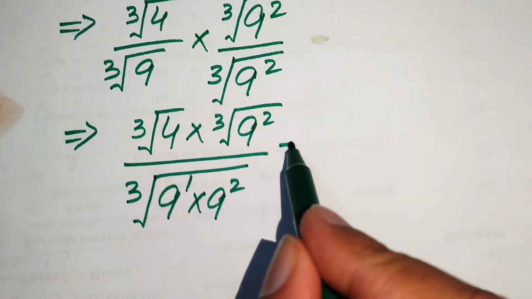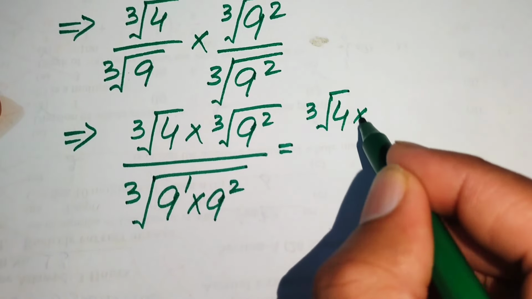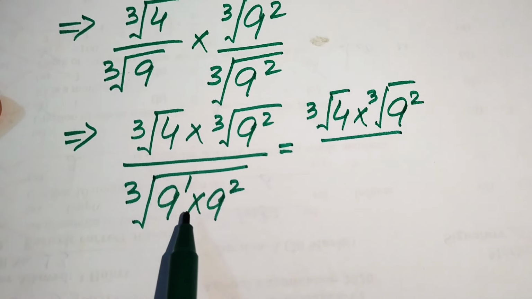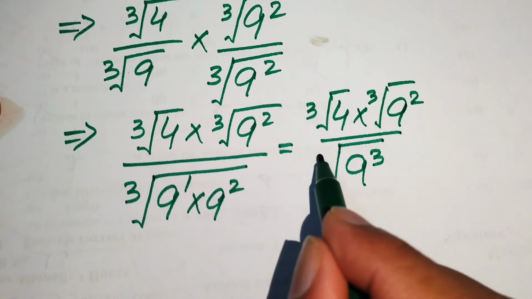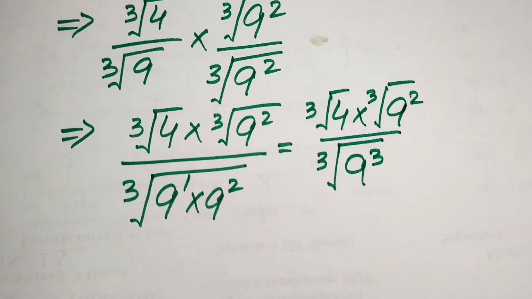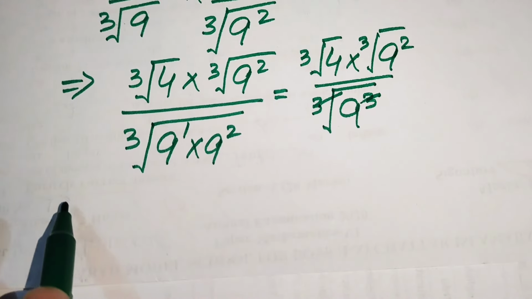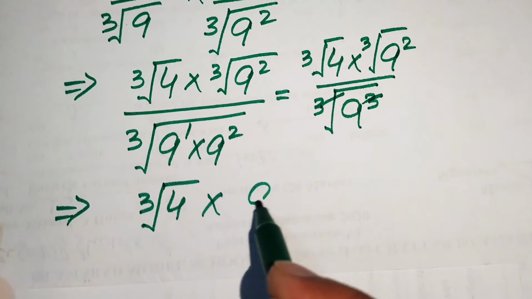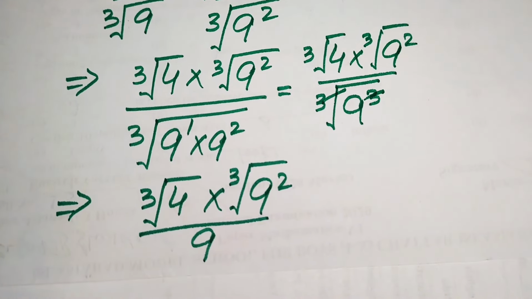Here we need some simplification, and we write this expression as the cube root of 4 multiplied by the cube root of 9 squared, divided by, combining the exponents of these two terms, the cube root of 9 cubed. Here the cube root and the cube cancel each other, so the remaining terms are the cube root of 4 multiplied by the cube root of 9 squared, divided by 9.